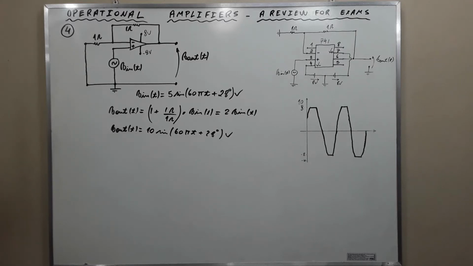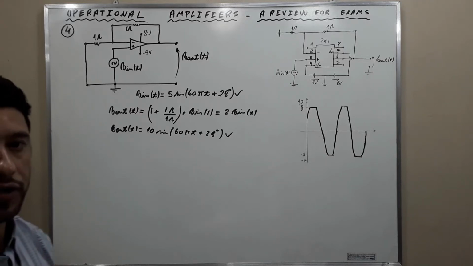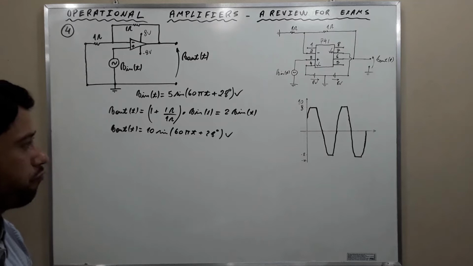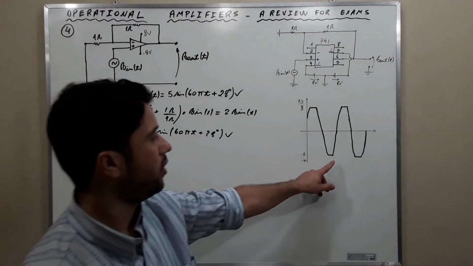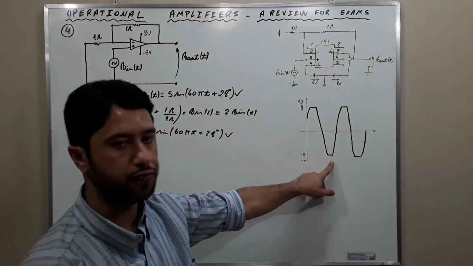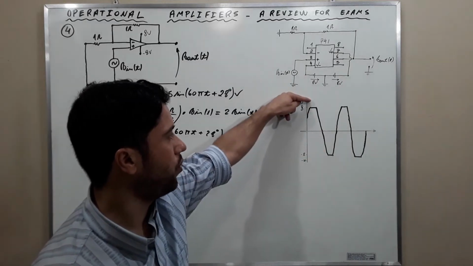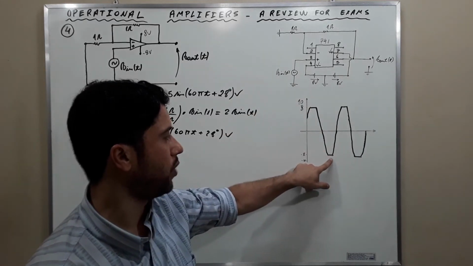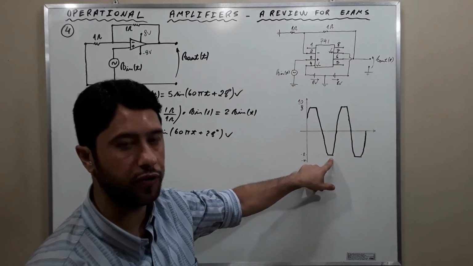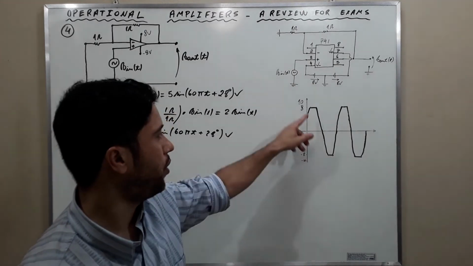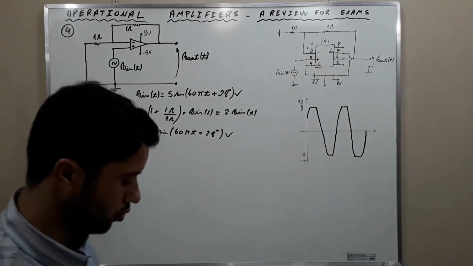Therefore, the waveform will be clipped off at plus minus 8 volts and will not reach the peak of plus minus 10 volts, okay? And this is the clipped off output waveform. The waveform is going to be clipped off at positive and negative 8 volts.